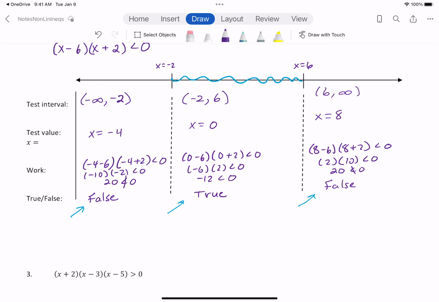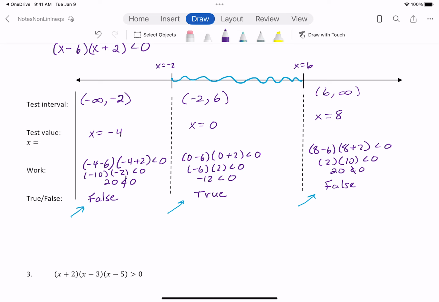You should not get the same conclusion for 2 of these regions in a row. So you shouldn't get false, false, true, or true, true, false. That shouldn't happen. They should alternate. If they don't, you probably need to check your work. Okay?